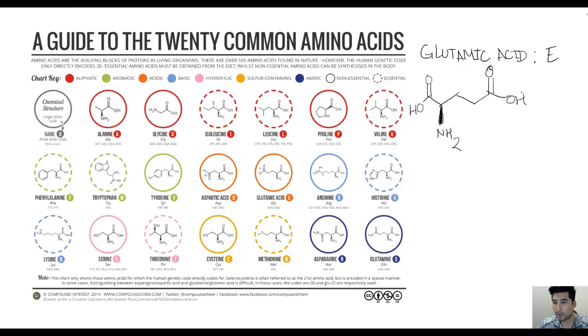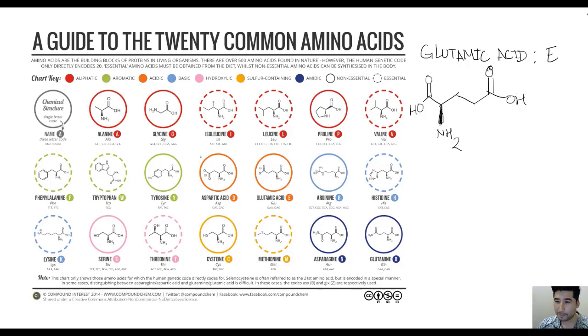Okay, so this is the correct way to draw glutamic acid when it's completely neutral, and more specifically, you need to pay attention to this. This is the right way to draw glutamic acid if you are not given a pH. If they give you a pH, this is the incorrect way to draw glutamic acid.